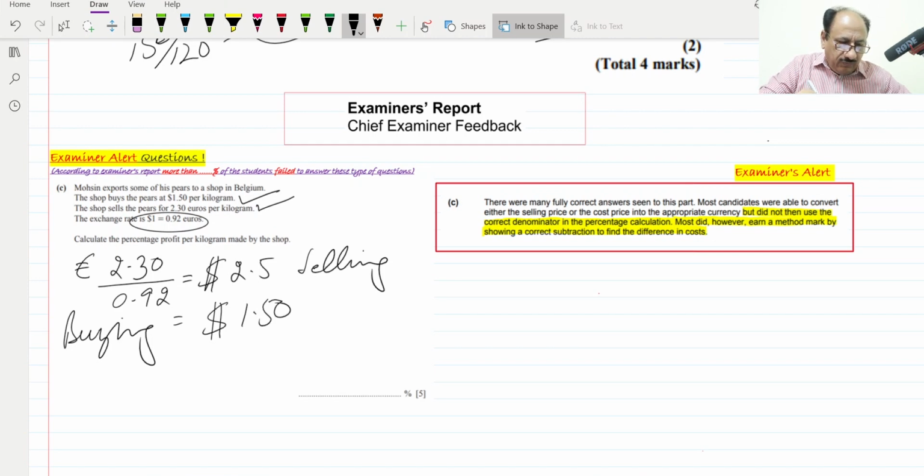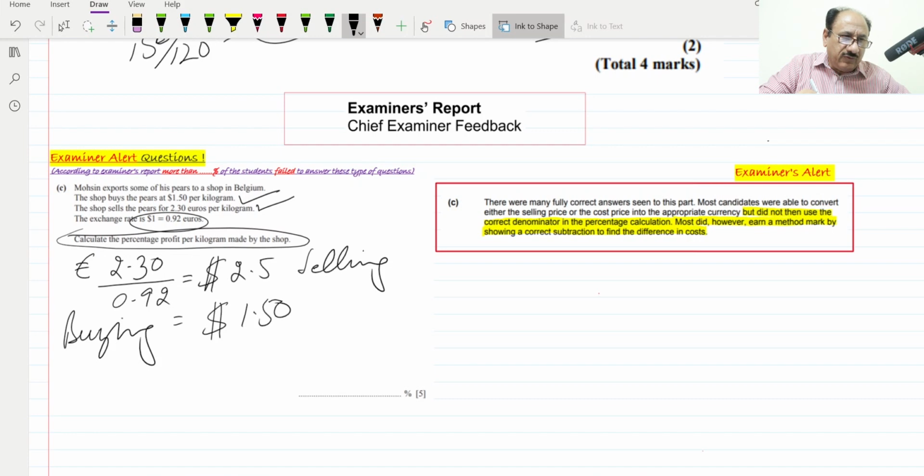So we will have to calculate the percentage profit per kilogram made by the shop. Now percentage profit, this is the point where students are more confused. We will go through the examiner's report, but before that I want to calculate this.